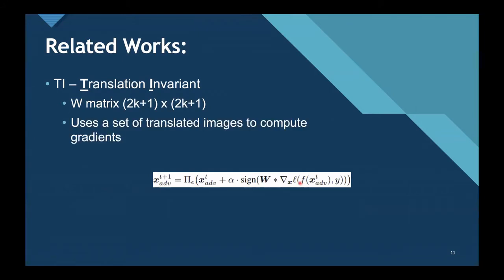The notion behind this is as if you had (2k plus 1) squared translations of the input image, and then you do a weighted sum of its gradients. And the authors said it was originally proposed against secured models, and it will be presented next week. So we'll get more familiar with that then.